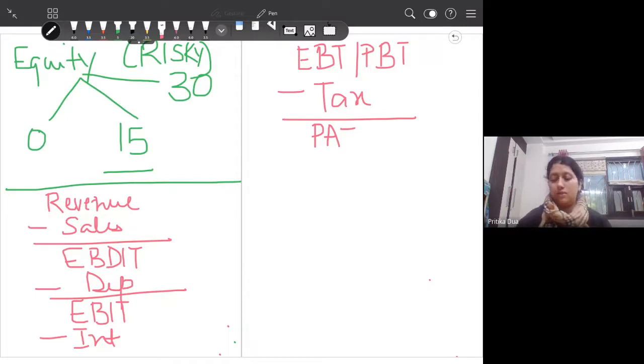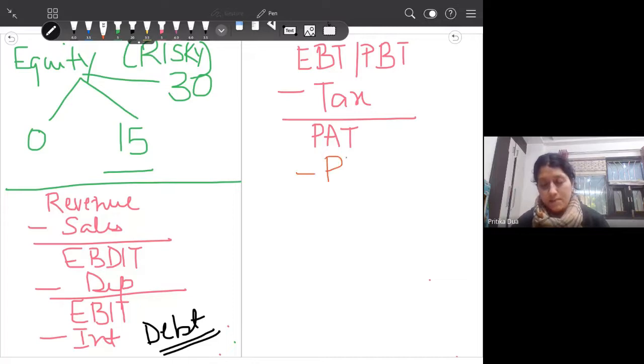Now, after we arrive at this value of profit after tax, if the firm has any preference shareholders, see, the debt holders got their money here when the firm distributed interest. So whose claim is settled first? The debenture holders'. After that, if there are any preference shares issued by the firm, the preference dividend is declared.